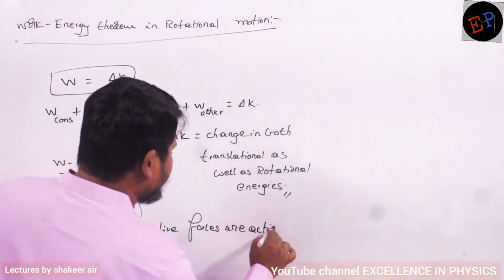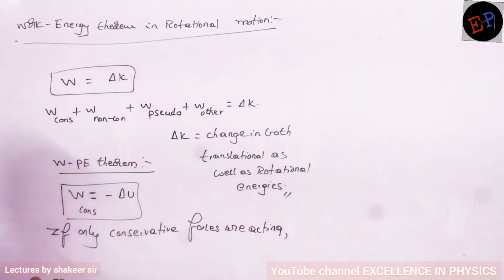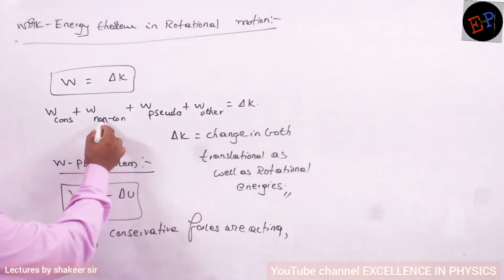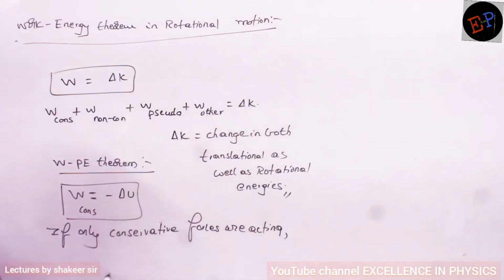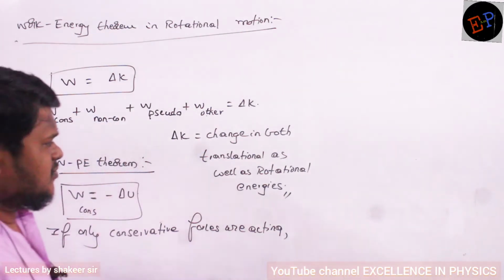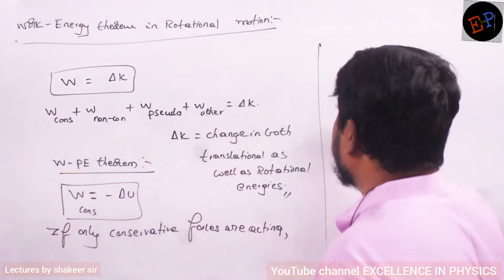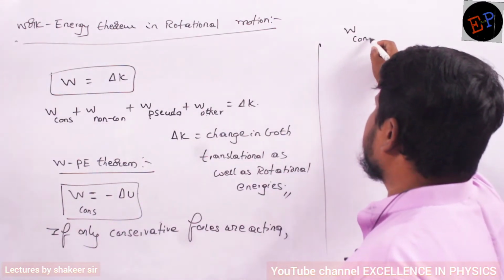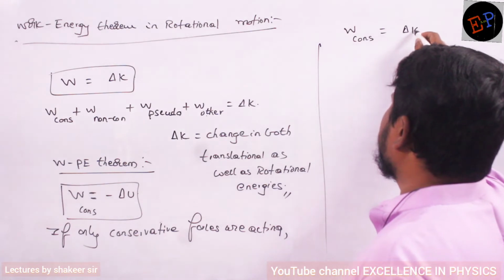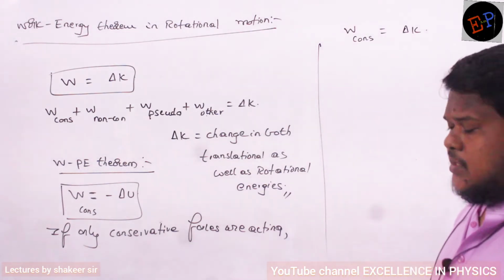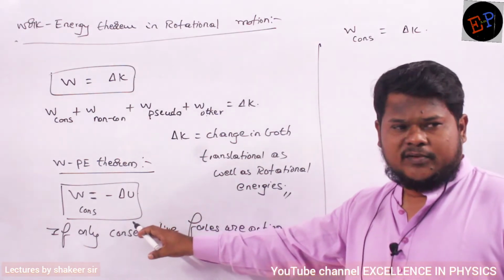Are you able to understand? If only conservative forces are acting, then this force is not there, this force is not there, this force also is not present. So only which force is present? Only conservative forces, and then this is equal to change in kinetic energy. Now instead of conservative forces, what can I write?